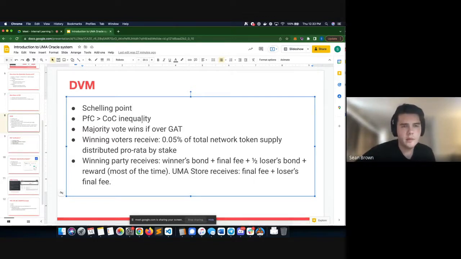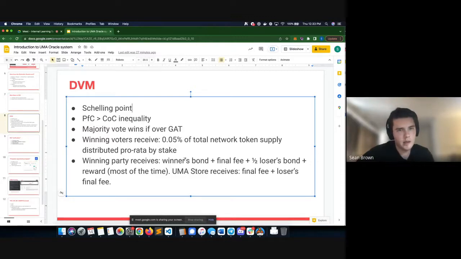So the DVM is basically just, anybody that holds UMA tokens can vote over this 2-day voting period and propose what they think the answer would be. And then at the end of the voting period, all of those votes are tallied up and weighted by the amount of UMA tokens that you hold. And that's how these disputes are settled.